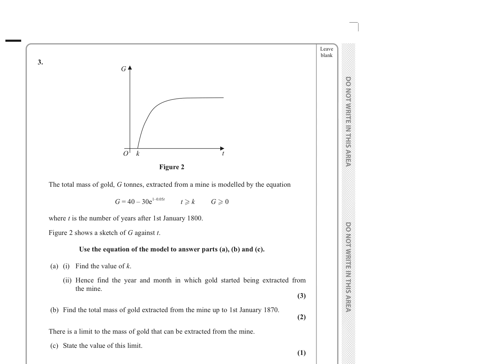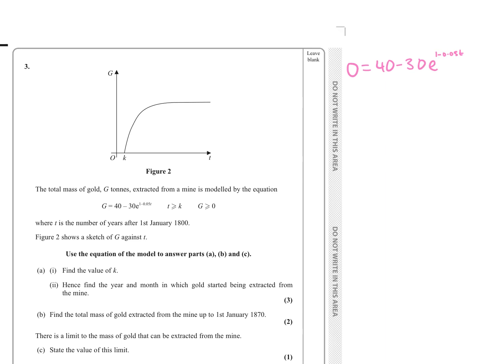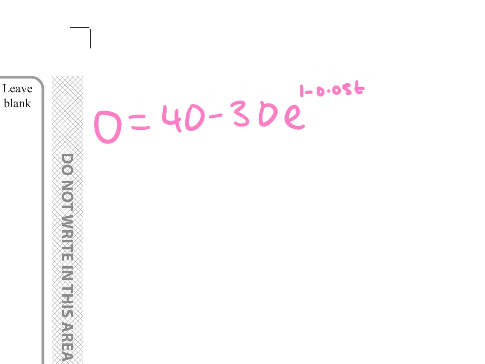So when g is 0, 0 equals 40 minus 30e to the 1 minus 0.05t. Yeah? So I'm going to rearrange this to get 30e to the 1 minus 0.05t equals 40. e to the 1 minus 0.05t equals 40 over 30, which is 4 over 3. Yeah, ln both sides.